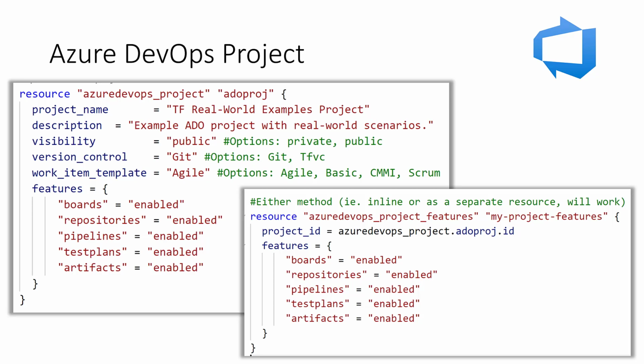So it's completely on personal preference which one you would feel you want to have your code structured like that. Personally, I think it makes more sense to keep it as the first example where it's in line with the project itself because it controls the features of the project. But again, it's personal preference. Both options are viable and will work with your code execution.